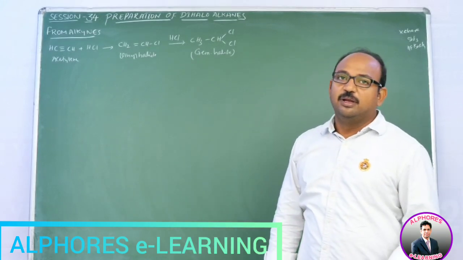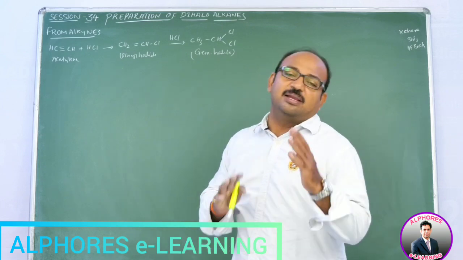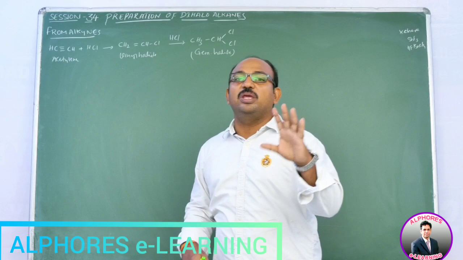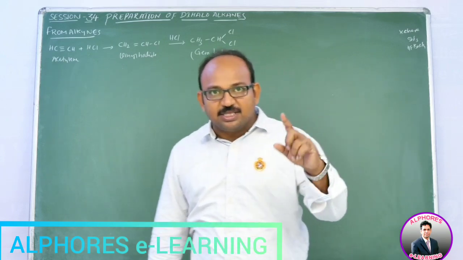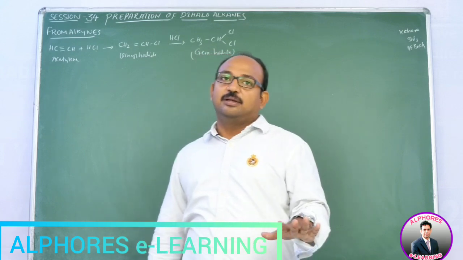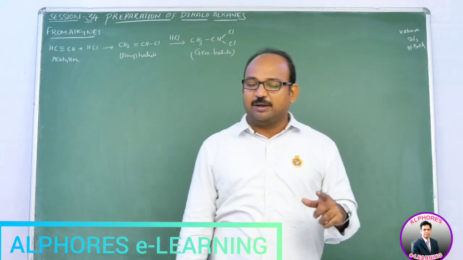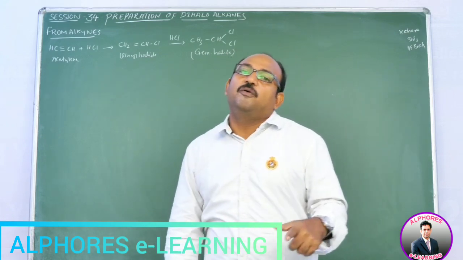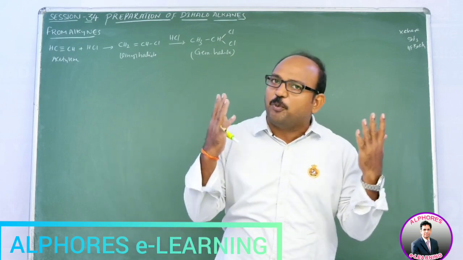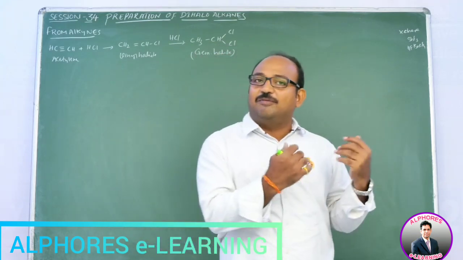Now, in case of unsymmetrical alkenes, addition follows the Markovnikov rule, and such addition is called Markovnikov addition. Remember, wherever the Markovnikov rule is followed, there you may or may not get the Markovnikov product. That you already learned in your 11th class syllabus.